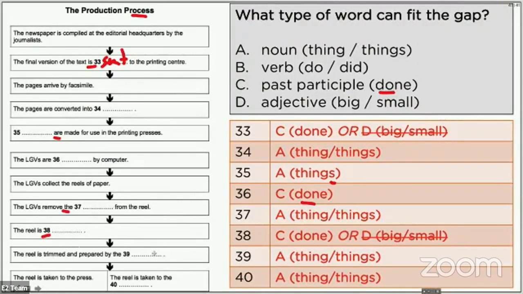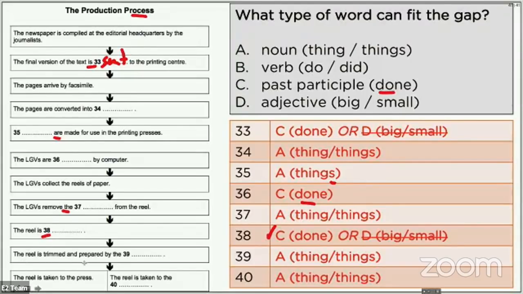38, the reel is, well, I think it's a past participle because again, we're talking about a process. The reel is moved. The reel is sent. The reel is turned off, whatever it is. It could be an adjective, like the reel is big, but that's not a part of a process. So it's got to be a past participle.